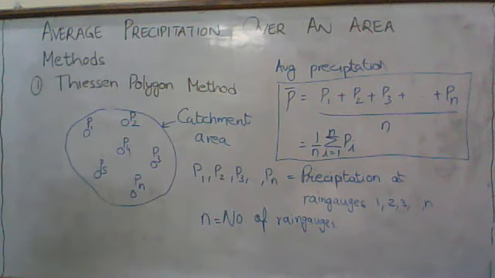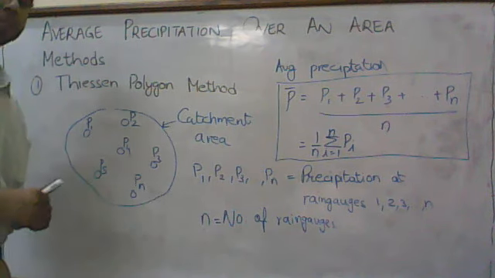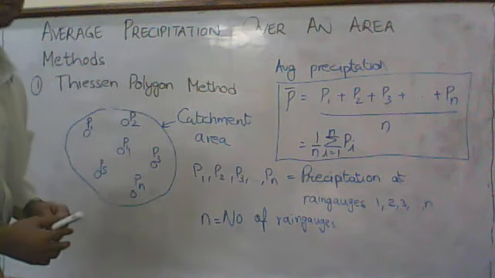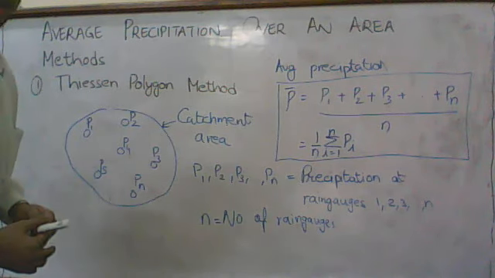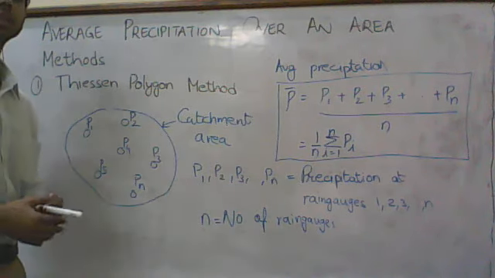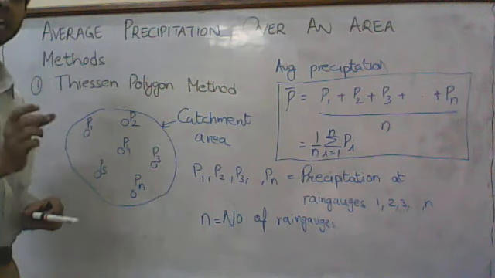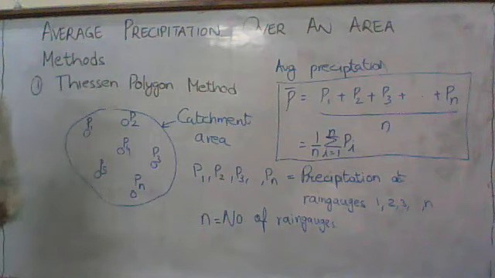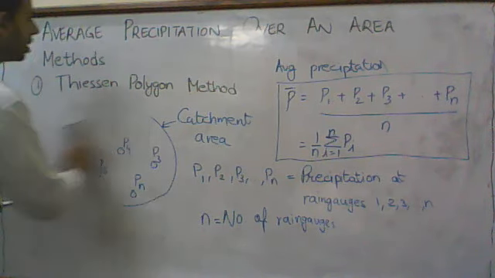Again, as I told you, this method is more accurate than the arithmetic mean method. Why is it accurate? Because in this, weightage is given to the area as well, where the rain gauges lie. So I will be explaining the Thiessen polygon method.